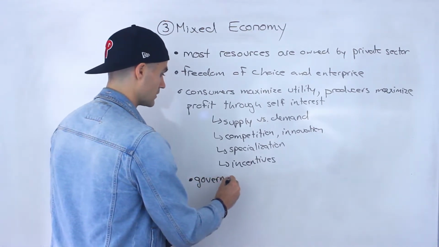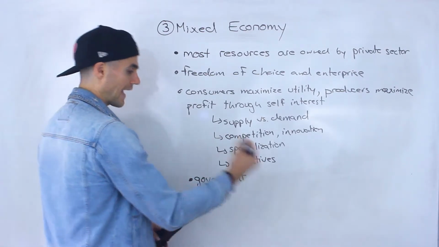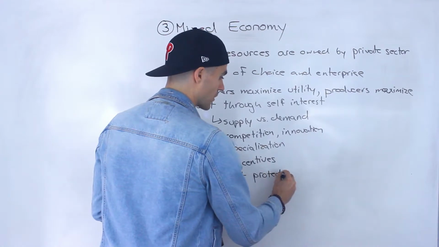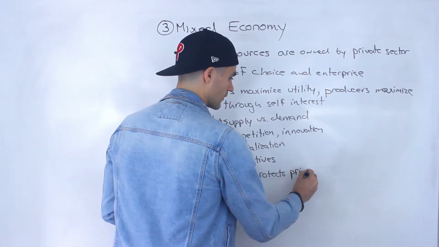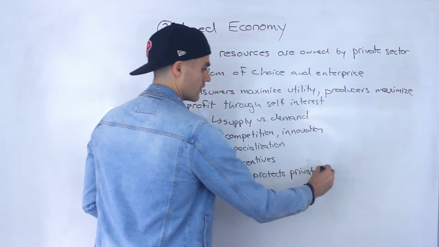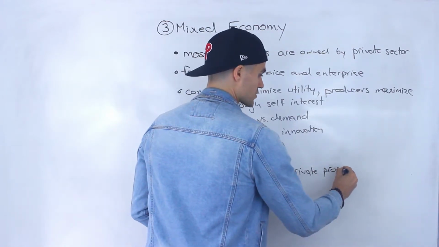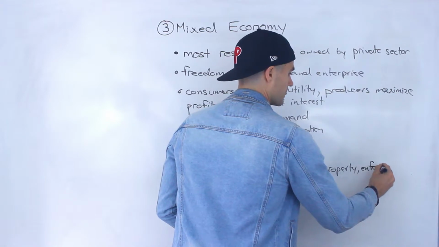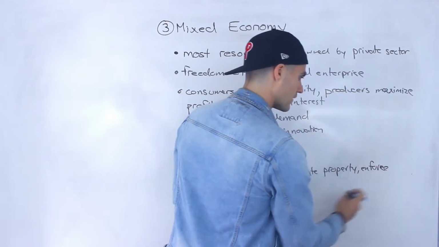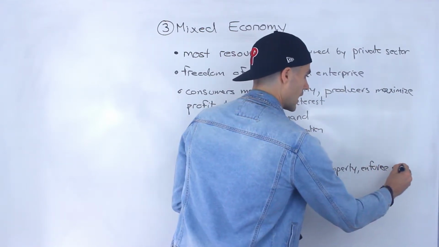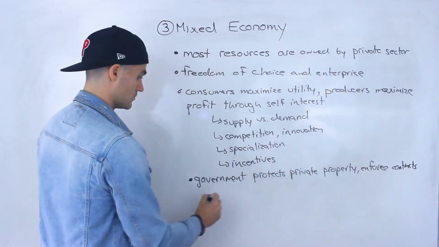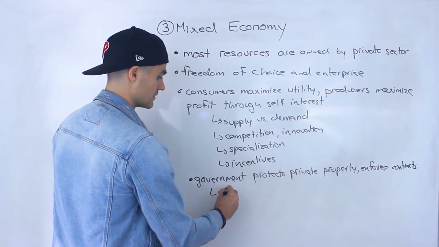So government, as in a free market, they protect private property, enforce contracts, but they also collect tax.